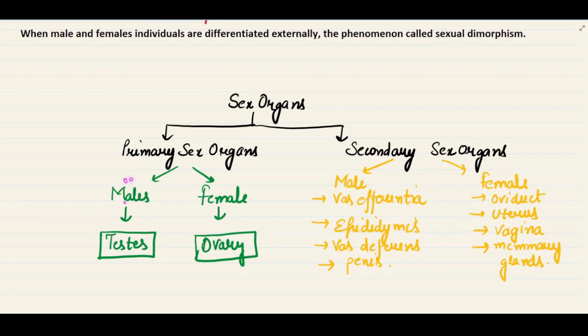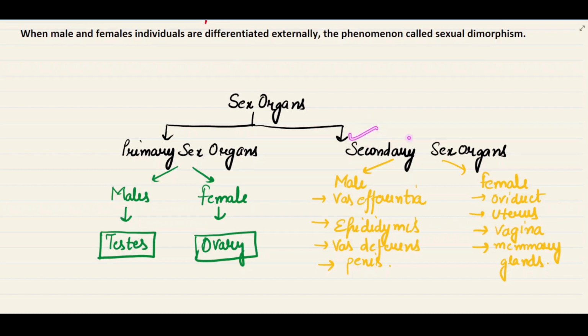So in males we have testes. The primary sex organs in the males are the testes, and in females we have the ovary. Now what are secondary sex organs? Secondary sex organs are the organs which are not involved in gamete formation, but they are essential for the reproductive processes, or they help in the transport of the gametes.